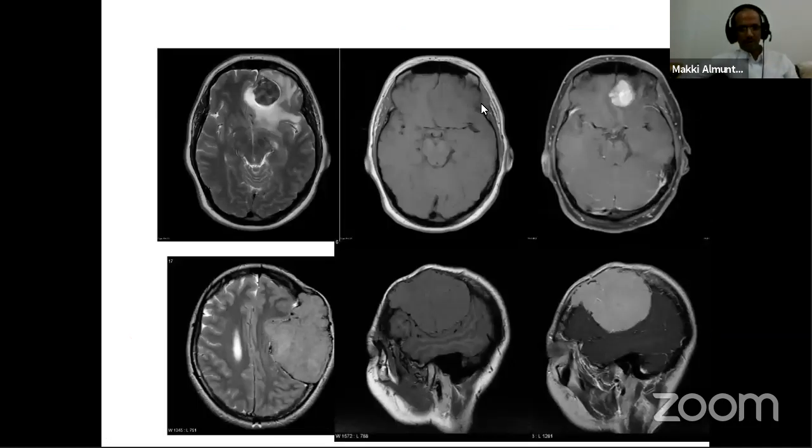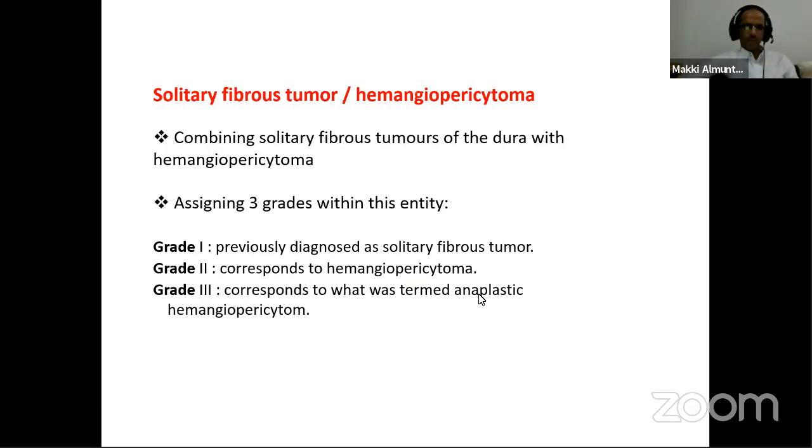And there is always a differential for this. You can consider metastasis, lymphoma, etc. But I'm showing you pathology-proven examples. Solitary fibrous tumor and hemangiopericytoma, as I mentioned, were combined and graded into 3 categories: grade 1, solitary fibrous tumor; grade 2, hemangiopericytoma; grade 3, anaplastic hemangiopericytoma.